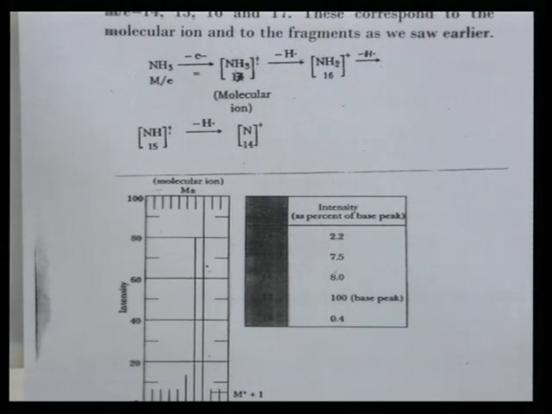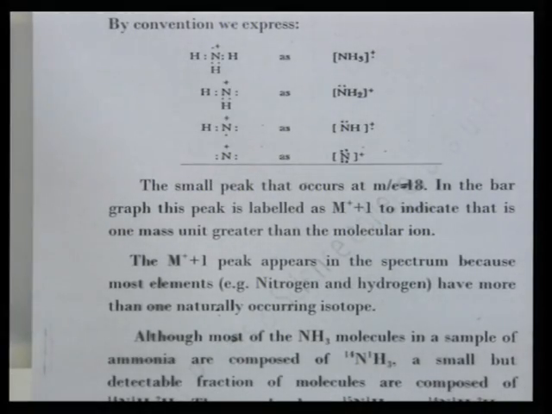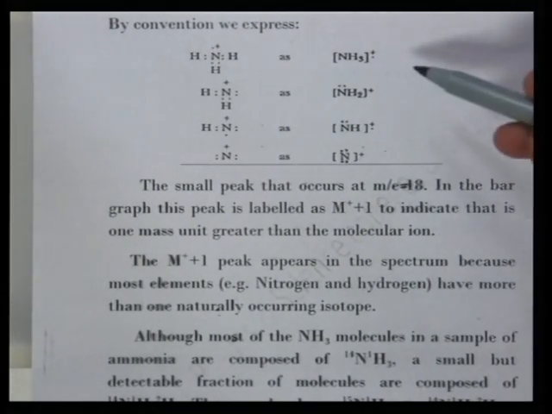The peak above 17, that is 18, is an M plus 1 peak, called an isotope peak. By convention we express the NH3 radical cation in brackets with the radical cation sign, and it is written like this.